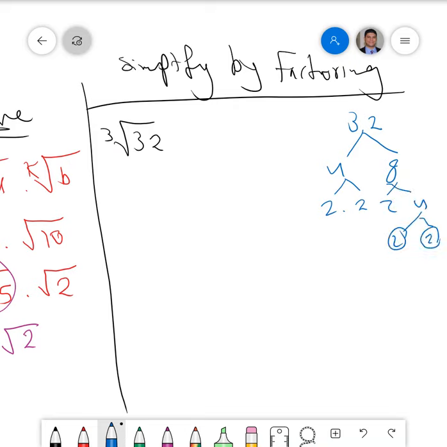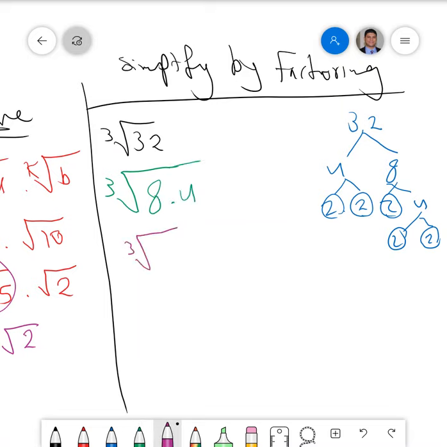Here is the prime factorization. So we can rewrite as third root of 8 times 4. And now we can distribute the third root, so it will be third root of 8 times third root of 4. Third root of 8 is 2, third root of 4.